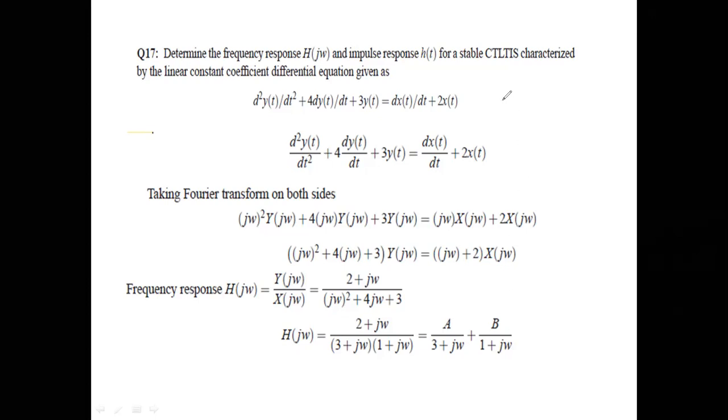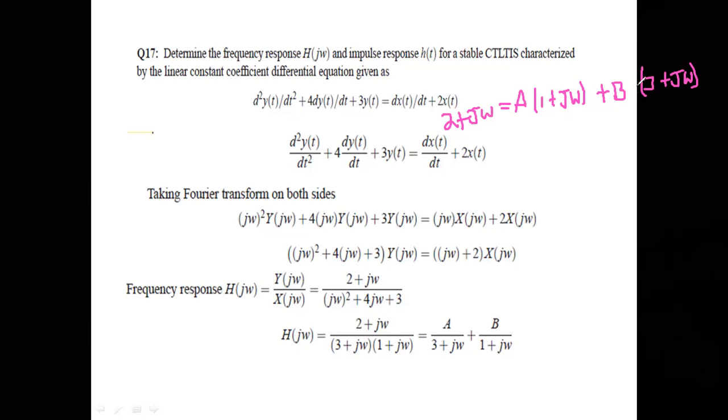We got H of j omega: A into (1 plus j omega) plus B into (3 plus j omega) is equal to 2 plus j omega. Here I find the factors of the denominator and use the partial fraction method, A by 3 plus j omega and B by 1 plus j omega, and find the A and B values.